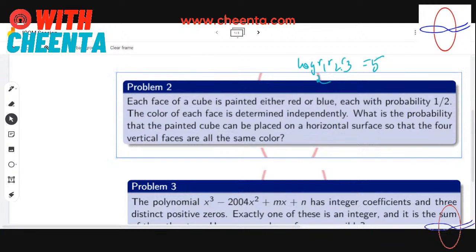What is the probability that the painted cube can be placed on a horizontal surface so that all four vertical faces are of the same color? Interesting. All four vertical faces are of the same color.